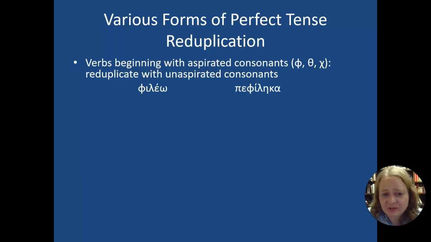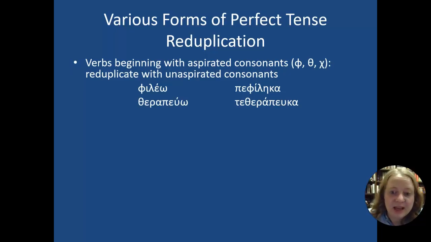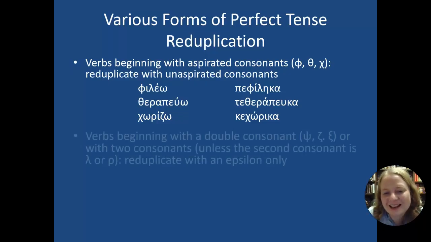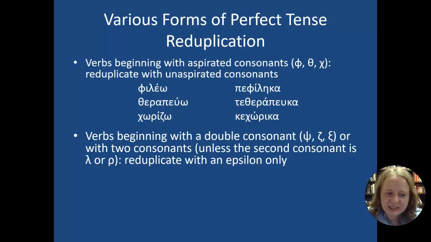Here are some examples of that. Phileo, which also means I love. The phi is a PH, and so just the P sound doubles. So pephileka. The ka, though, is going to help you out. Therapeuo, I heal, becomes tetherapeuka. Chorizo becomes kechorika. And again, it's the ka that's really going to help you recognize it.